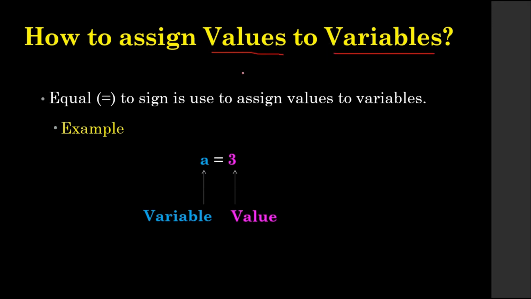We can assign values to a variable with the help of this equal to sign. Here a is the variable and this a has the value of 3. We have assigned the value of 3 with the help of this equal to sign. This statement is saying that a will have the value of 3.